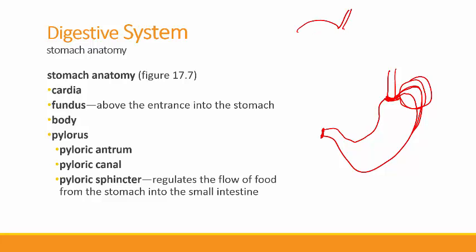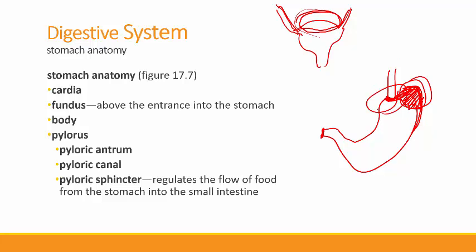The urinary bladder and the uterus both have a fundus as well. The fundus is the region above where the ureters bring urine into the urinary bladder, or if this is the uterus, where the uterine tubes come in to meet the uterus. This area above those tubes is the fundus, so it's the same with the stomach. The area above the entrance into the stomach is referred to as the fundus.